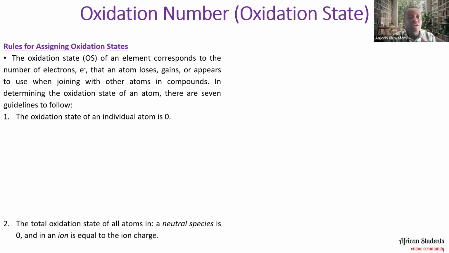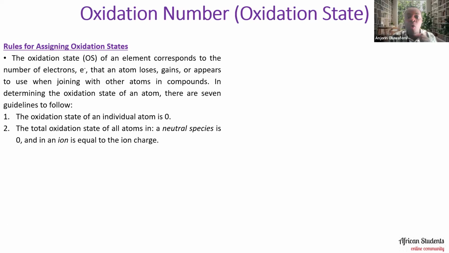The second one says that the total oxidation state of all atoms in a neutral species is 0, and in an ion is equal to the ion charge. Let me make it clear. Let's say we have sodium chloride.